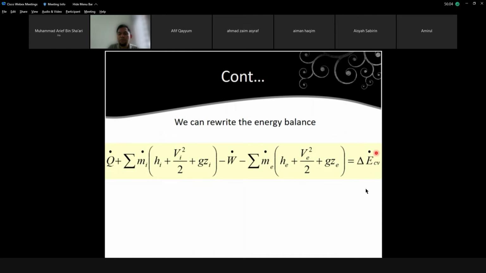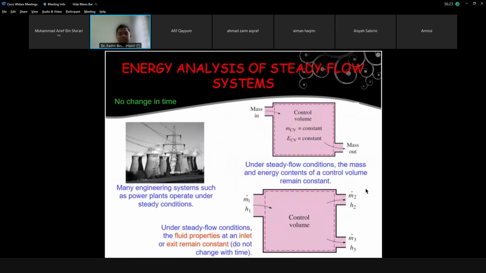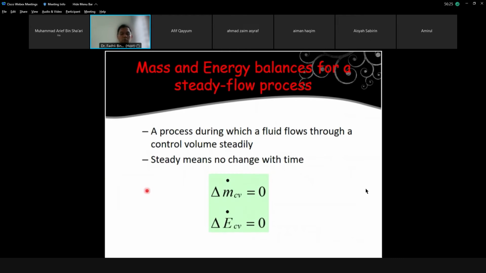Since this one is equal to 0 for steady flow, kita boleh susunlah equation ni. Dia akan jadi E dot in equal to E dot out. That's what we did in our tutorial session yesterday and on Tuesday, last Tuesday. Berdasarkan hukum di sini, steady flow. Kalau steady flow, delta ni semuanya kosong.